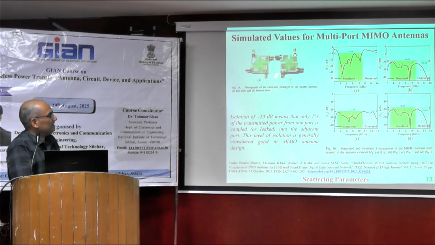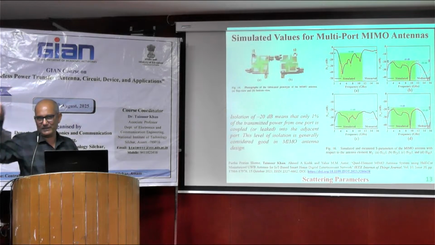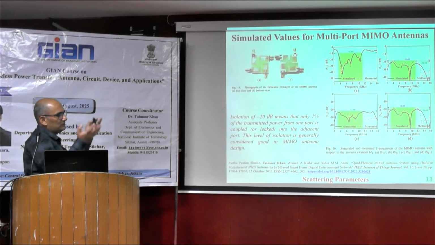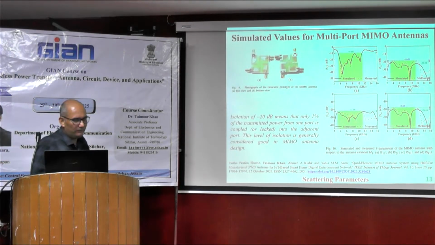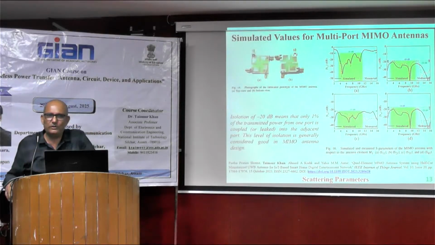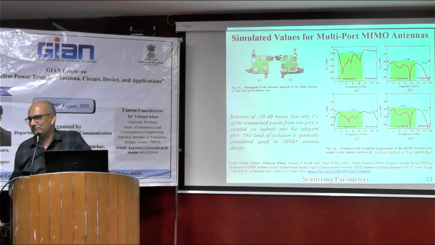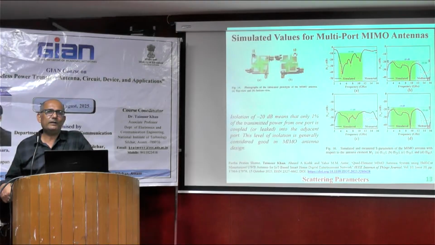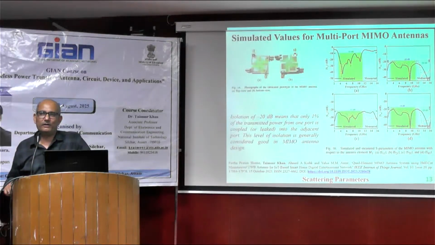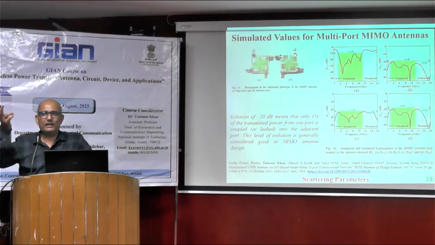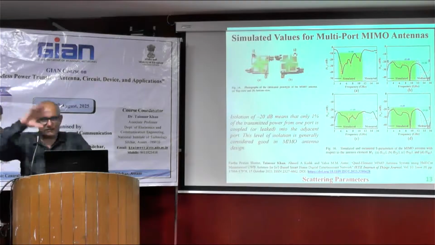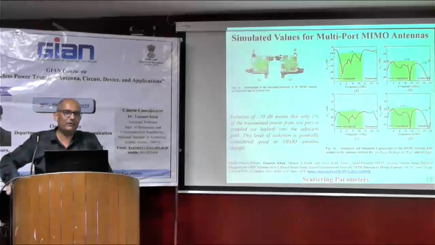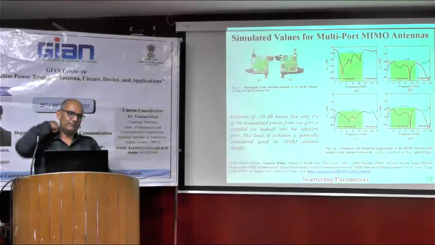Because it is a 4-port system, a total of 16 S parameters may exist. But due to some matching conditions, several parameters we always ignore. We take only S11, S12, S21, S31, S41, because S11, S22, S33, S44 should have the same behavior. S13 and S31 must have the same behavior because we are considering symmetry, and we always prefer to maintain that in a MIMO system.